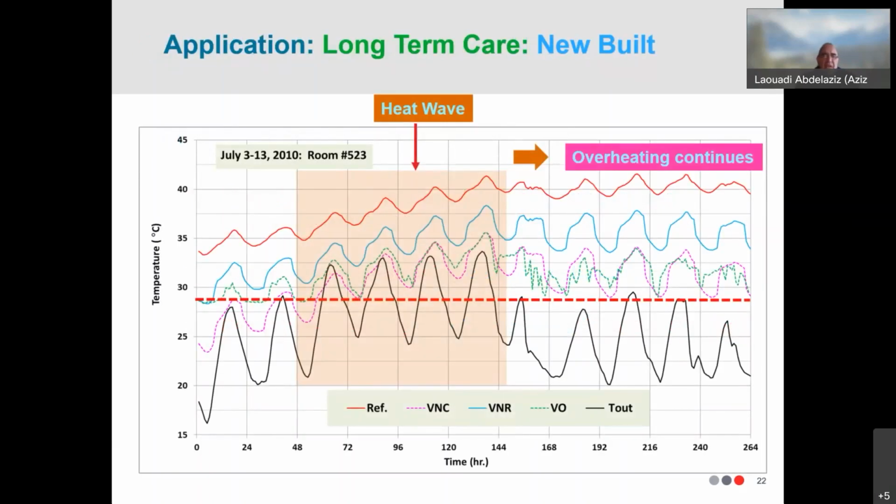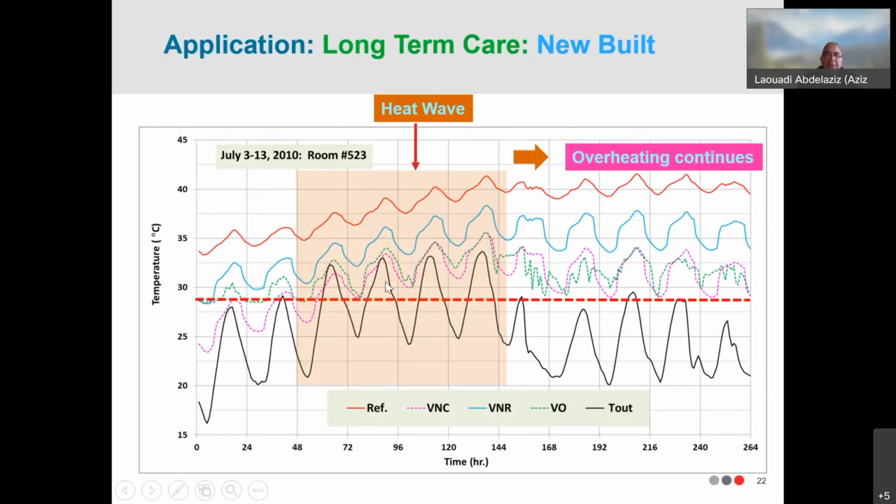Here are some results showing the room temperature during a 4-day heat wave period in July 2010 in Montreal. As you can see here, the reference room without any measure has its peak daytime temperature reaching roughly 41 or 42 degrees.